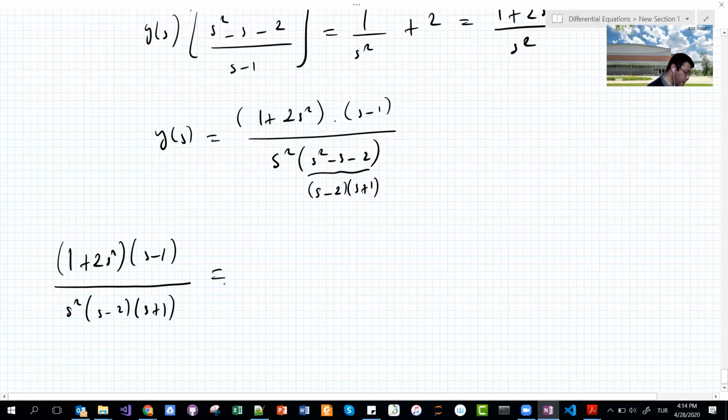You may try to split this up a little bit, but the best way is going to be the partial fraction in this case instead of the convolution. You can try the convolution, but it will be longer than the partial fraction.